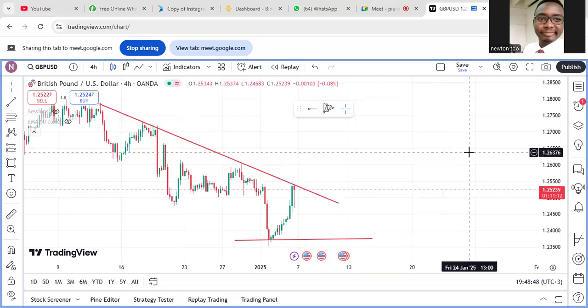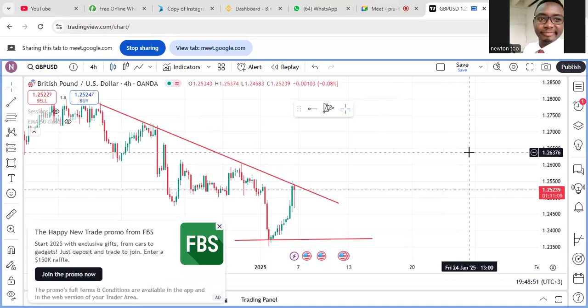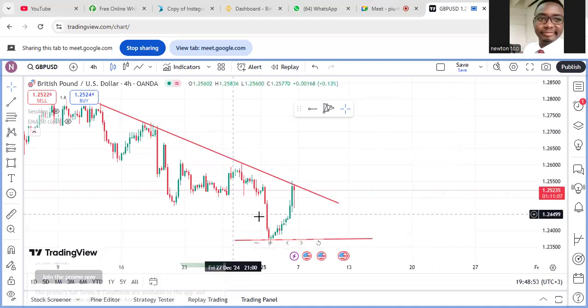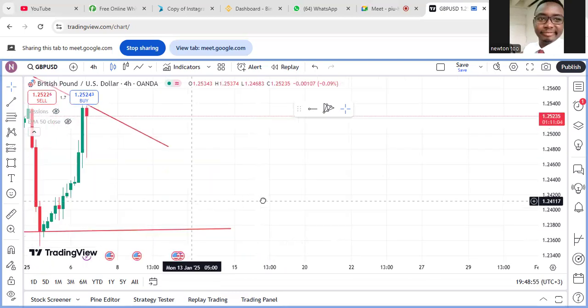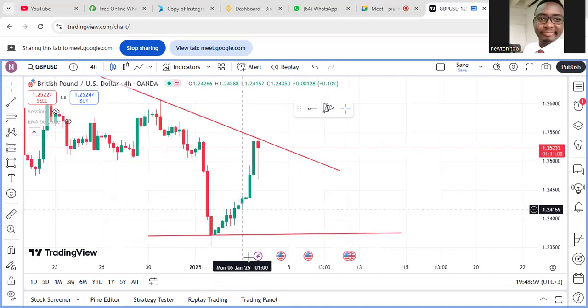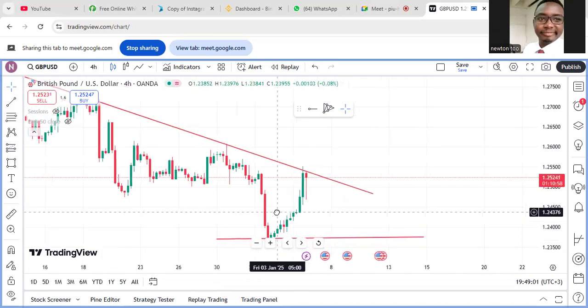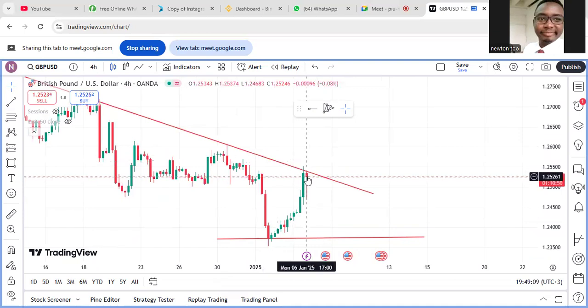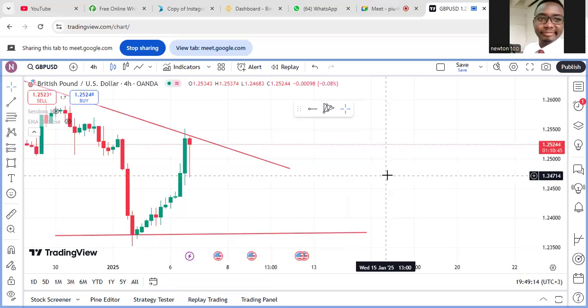I don't know if someone can identify this candle on the chat box, or maybe open the mic and tell us which candlestick this is. The current one. Which candle is that? Maybe on the chat box.